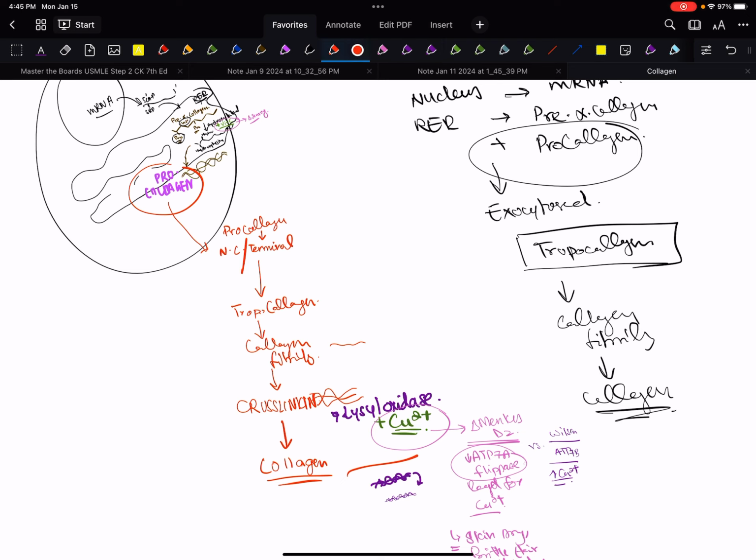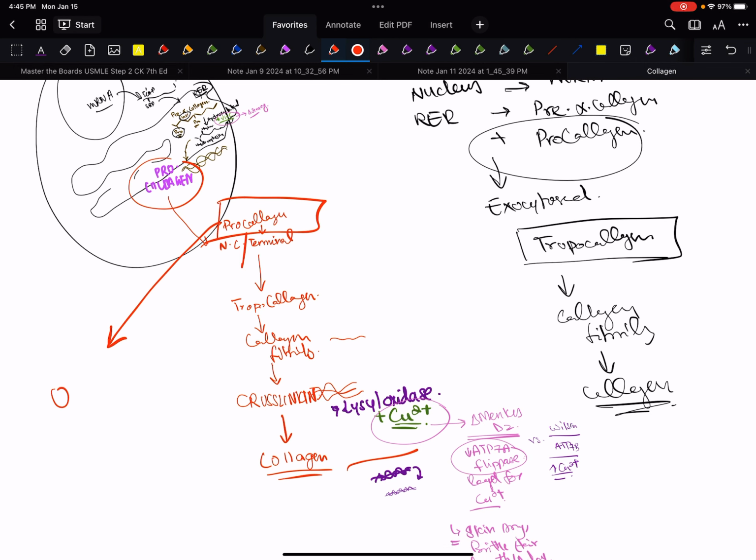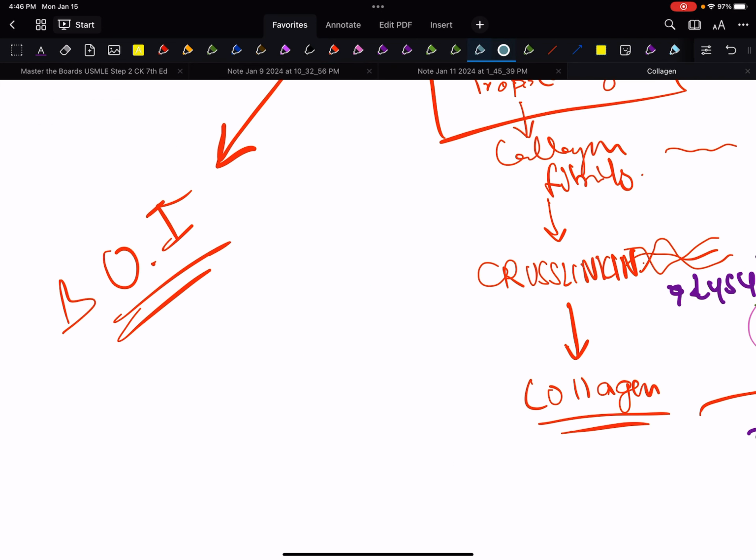What they like testing about them is that this pro-collagen is considered to be the defect in osteogenesis imperfecta. And this tropocollagen is considered to be the defect in Ehlers-Danlos syndrome.